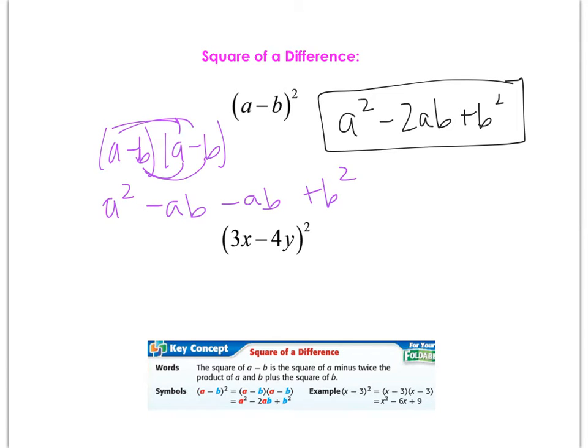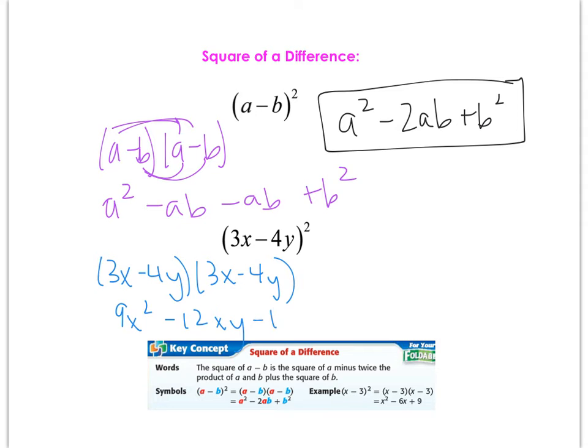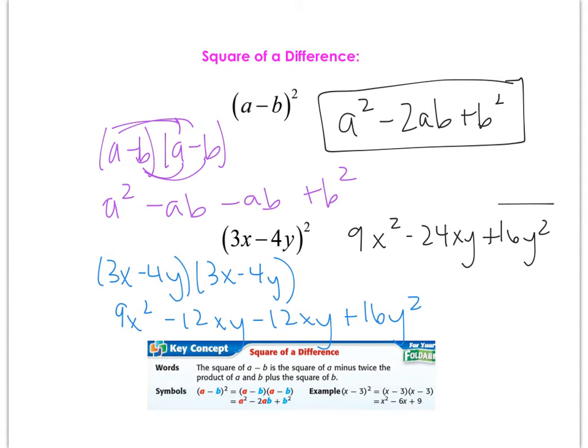And then I'll take a look at (3x minus 4y) times the quantity (3x minus 4y), and I get 9x squared minus 12xy minus another 12xy plus 16y squared. If I combine those like terms, I get 9x squared minus 24xy plus 16y squared for my final answer.